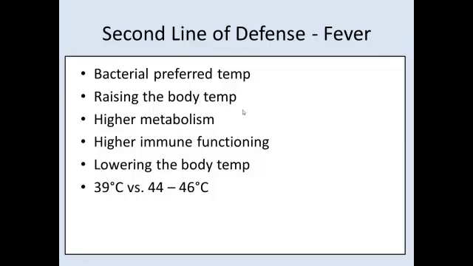So, you raise the temperature above the optimum temperature of your pathogen, and it slows down their growth, their division. This also causes higher metabolism of your immune cells. They actually prefer 39 degrees Celsius. So your neutrophils and your macrophages actually phagocytize and function better at these higher temperatures.